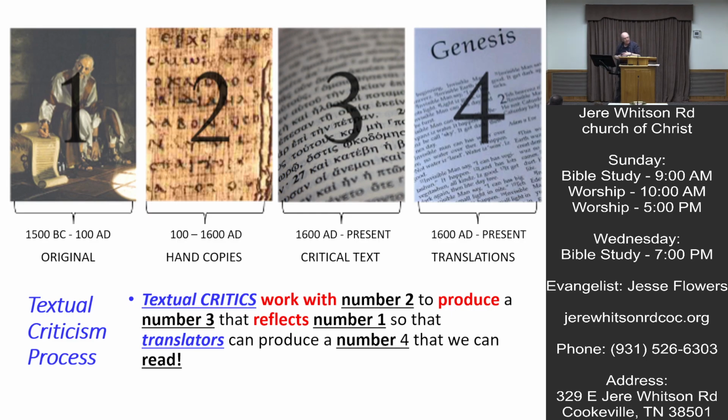And we talked about how we got to the canon. People back in the first century, when they're reading that, they go, these are the books that are included. These are the ones that are inspired. So these are the ones that need to be copied, and then they start copying those. So that's how they started with number 2, the hand copies.